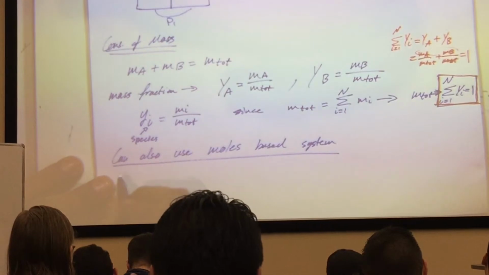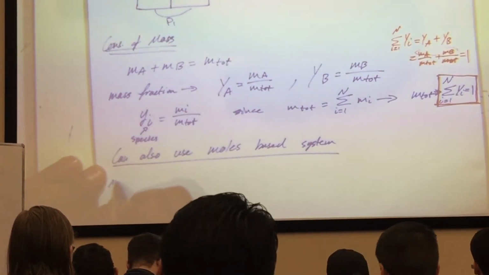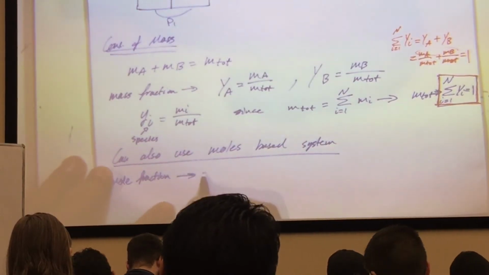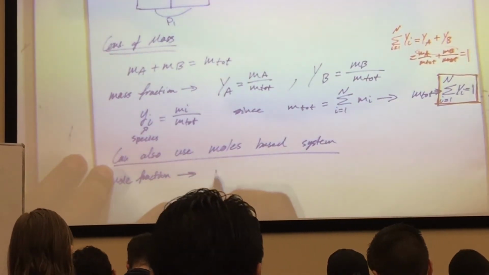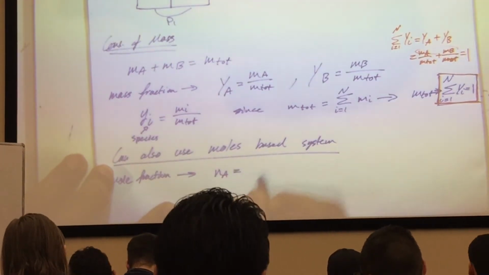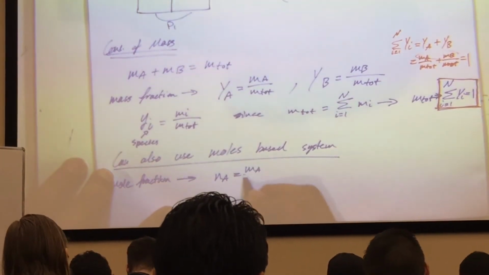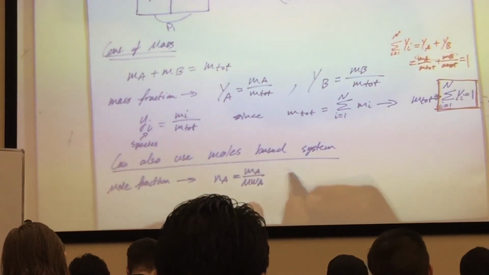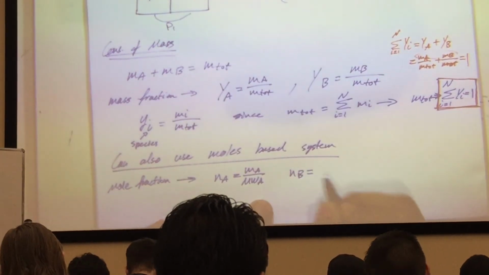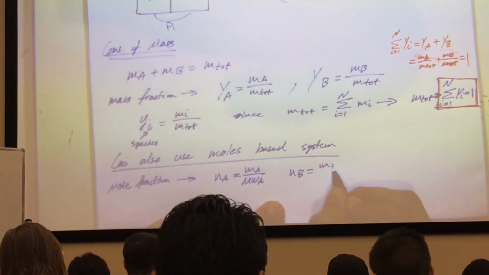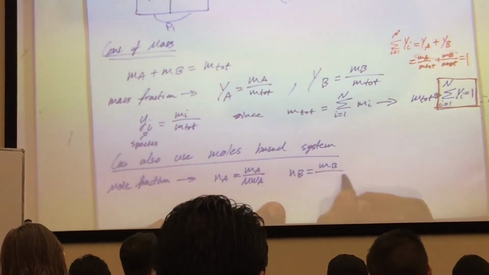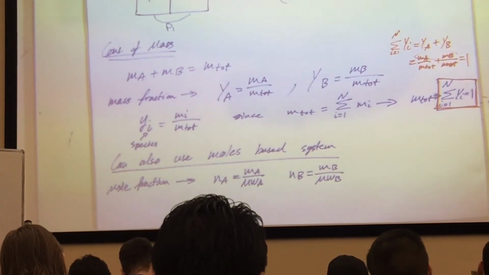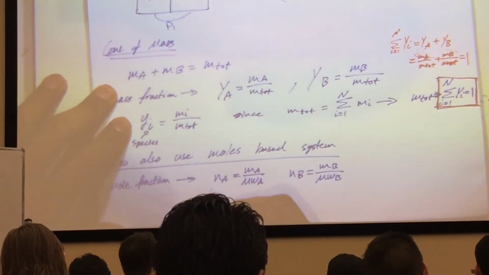So for the mole fraction, we'll say NA is equal to MA over the molecular weight of the species A, and NB is equal to MB over the molecular weight of the species B. These are the number of moles.